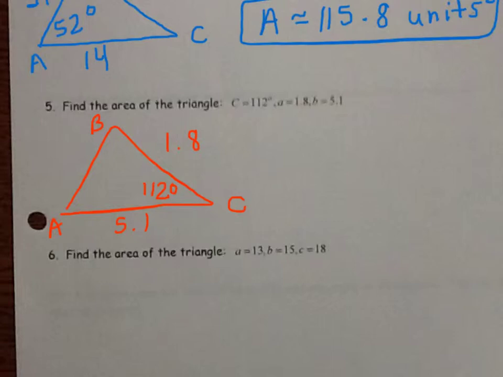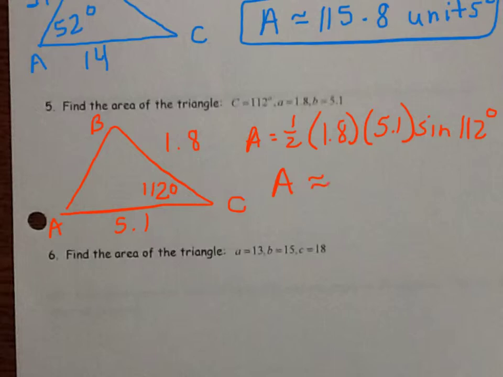But still, the formula holds true. So if I use the formula, it's going to be 1/2 times side A times side B times sine 112. All in one step in the calculator, I should get the area to be about 4.3 units squared.